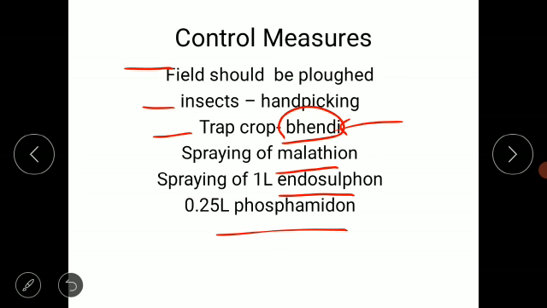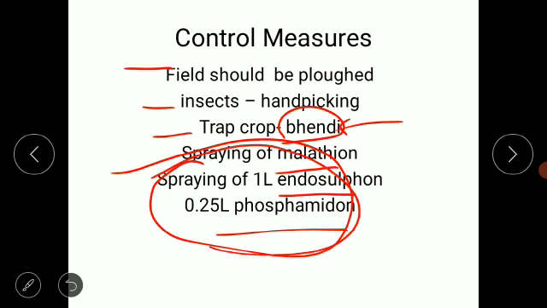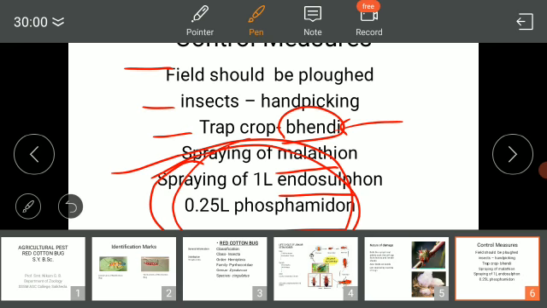So this is about the use of different types of chemicals. So initially we are using some of the cultural control, and here we are using the chemicals for controlling the pest red cotton bug.